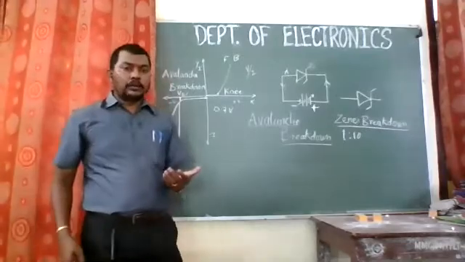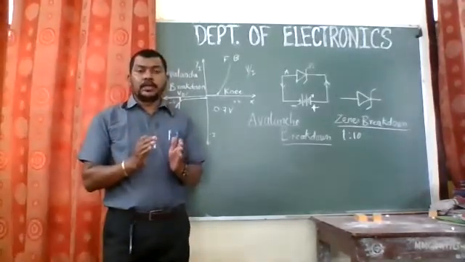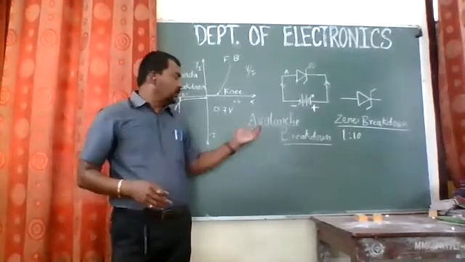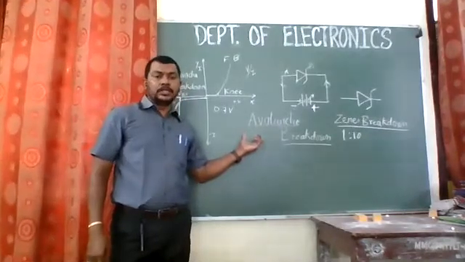And in Zener breakdown, what happens when the ratio of doping is increased? Initially the doping concentration is 1 is to 100 in a simple PN junction diode.